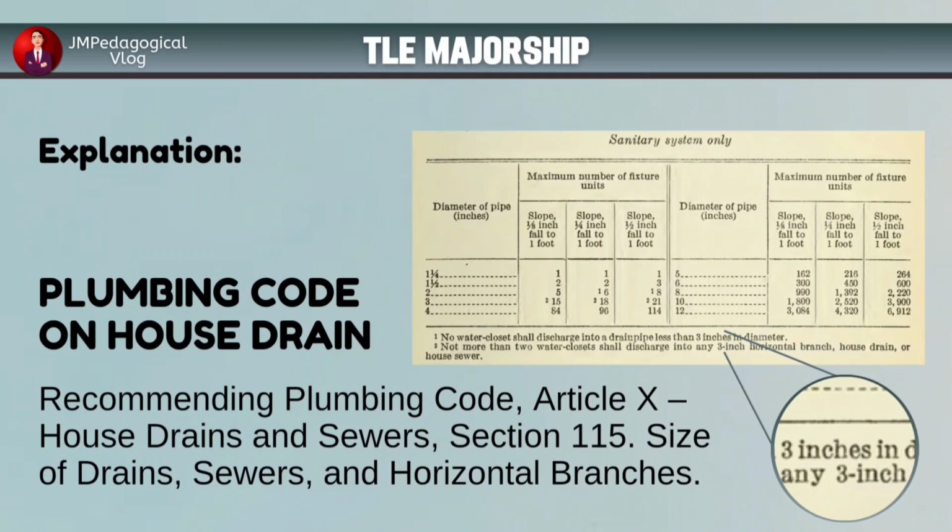Explanation. Recommending Plumbing Code, Article 10, House Drains and Sewers, Section 115. Size of drains, sewers, and horizontal branches. The required size of sanitary house drains, sanitary house sewers, and horizontal branches shall be determined on the basis of the total number of fixture units drained by them in accordance with the following table.